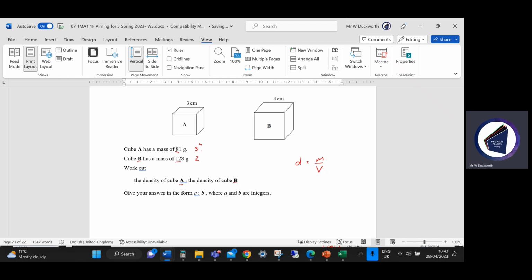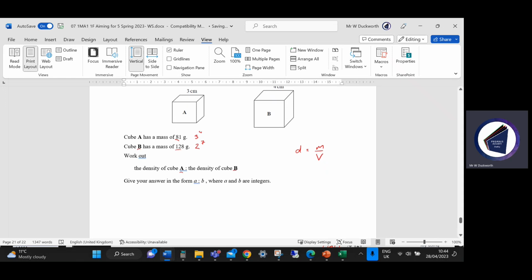Let me just check, 2, 4, 8, 16, 32, 64, 128. So I actually make it 2 to the power 7. Let me just double check that. So 2, 4, 8, 16, 32, 64, 128. Okay. The reason I'll explain in a minute why I've done it that way. But if I want to work out the density of cube A, then I'm going to treat it as mass.